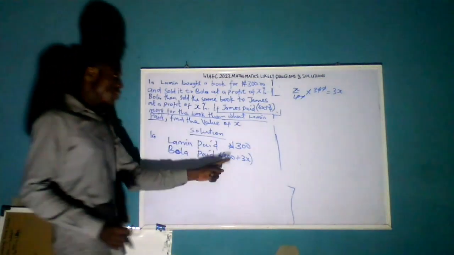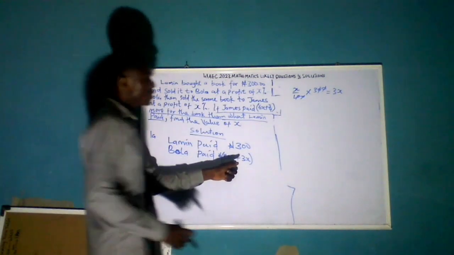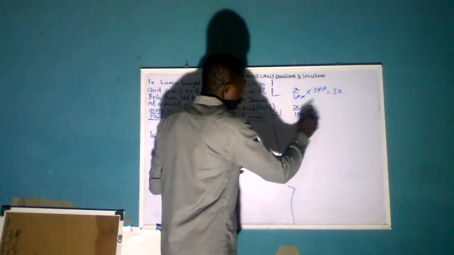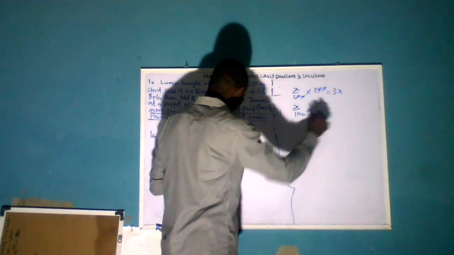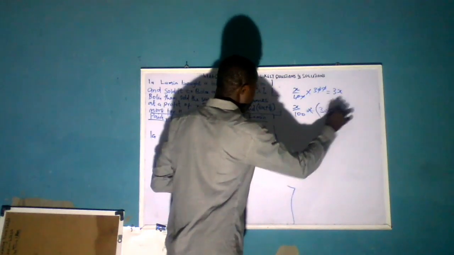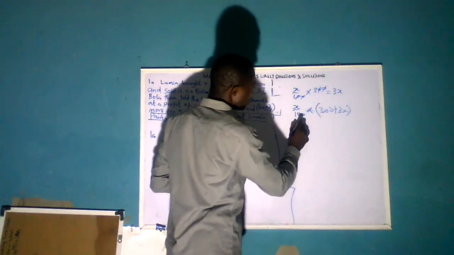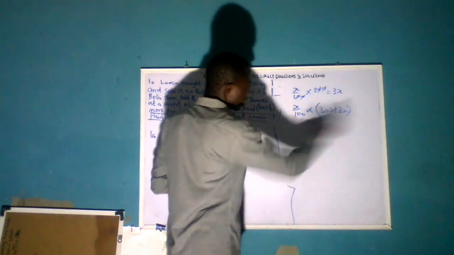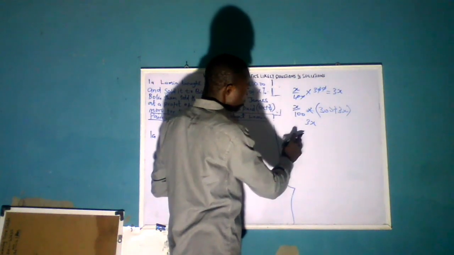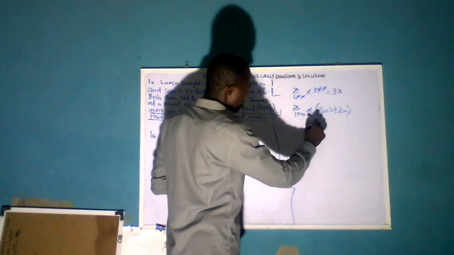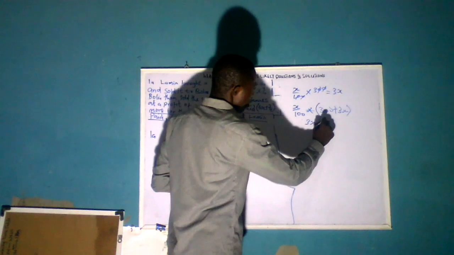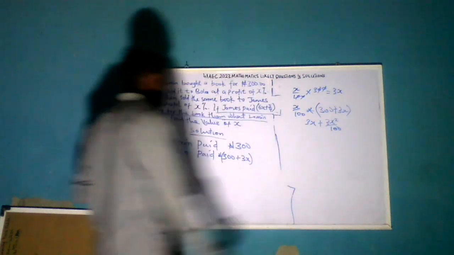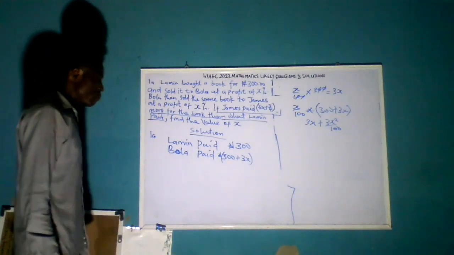Let's look at x% of this amount that Bola paid. So x over 100 multiplied by the amount paid by Bola, which is 300 plus 3x. If you clear off these brackets, that will give you 3x plus 3x squared all over 100. That's the profit made by Bola.